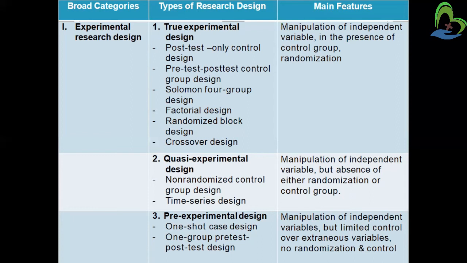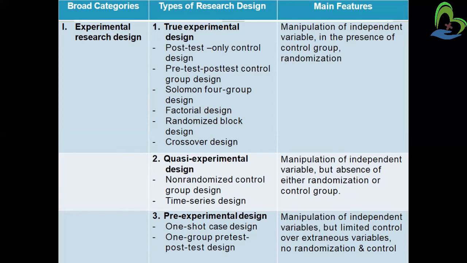Then the treatment is administered, and finally a post-test observation of the dependent variable is carried out to assess the effect of the treatment. So, to differentiate: in the one-shot case design, the experimental group is there, treatment is given, and we do the post-test.